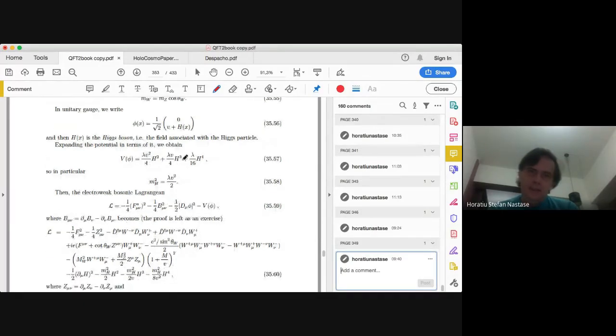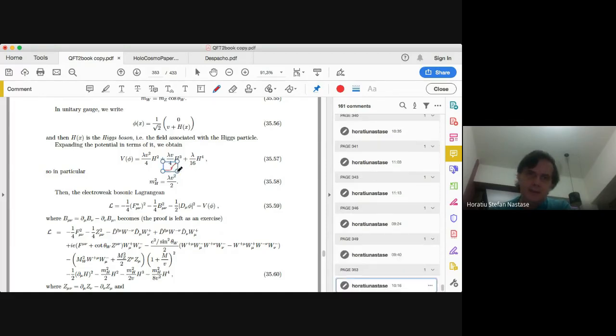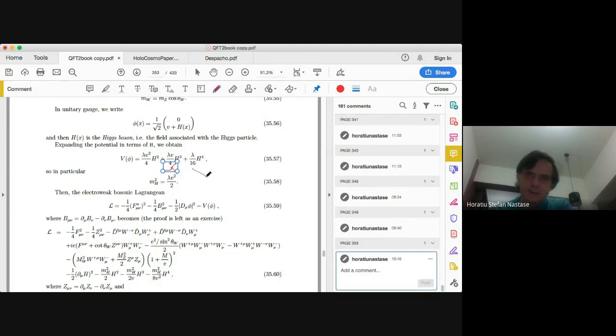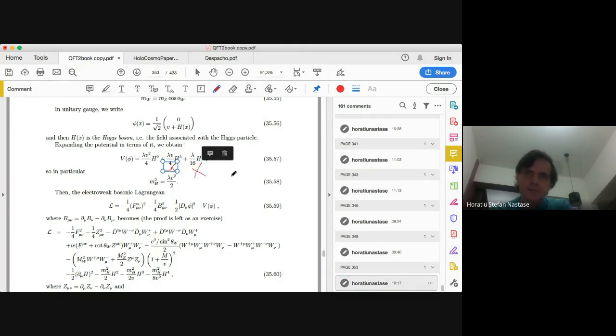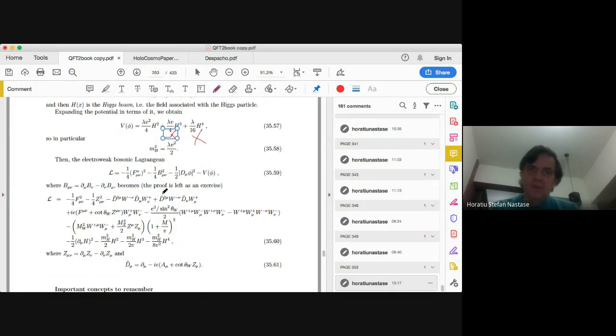And then there's this 3 Higgs coupling and the 4 Higgs coupling. So this is a vertex for 3 Higgses. And this is a vertex for 4 Higgses.